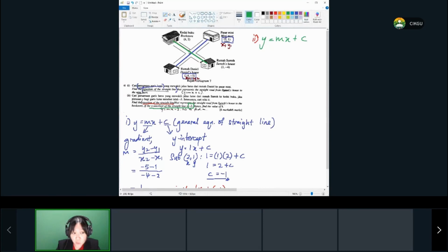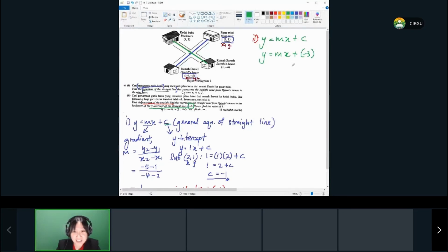They gave us this y-intercept. Remember we said, this value of c is the y-intercept. This one they straight away gave you the y-intercept of the straight line being -3. That means later on we don't need to find the c already. We can just straight away substitute -3 into the c since this is the y-intercept.